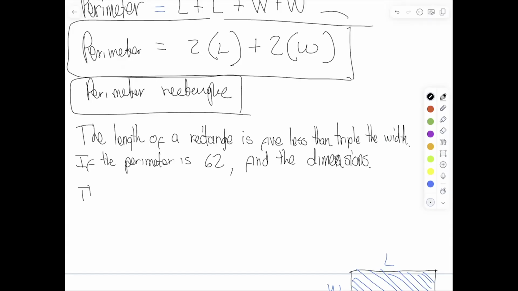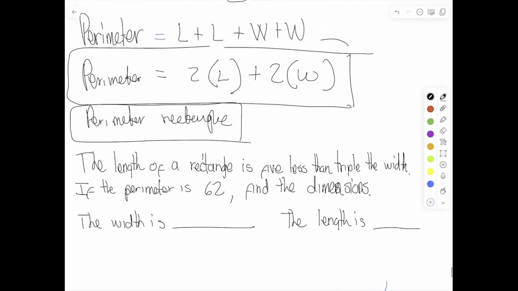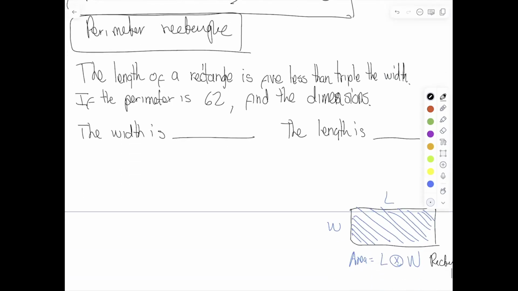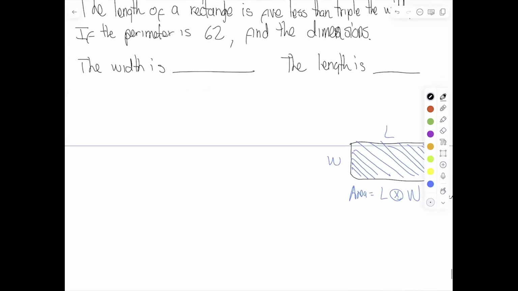And then they say the width is blank. The length is blank. So this is the problem they give you.